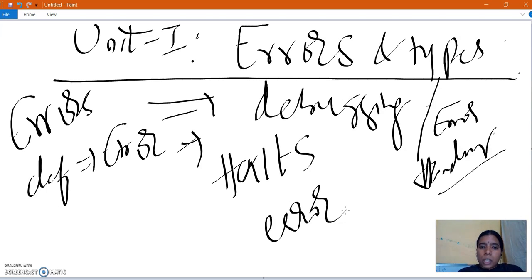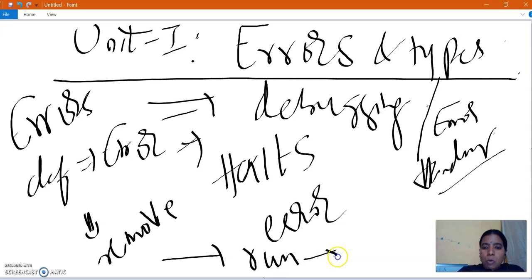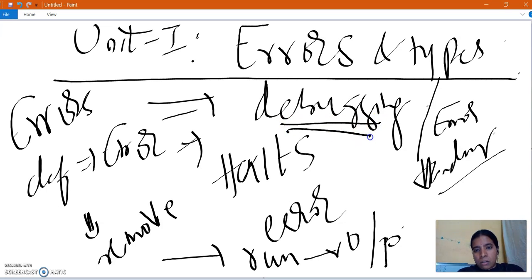So it is very essential for us to remove errors in order to make the program run and produce output. If you wish to get the output of your program, your program needs to run. In other words, your program needs to have no errors. Therefore the process of removing errors in a program is known as debugging.